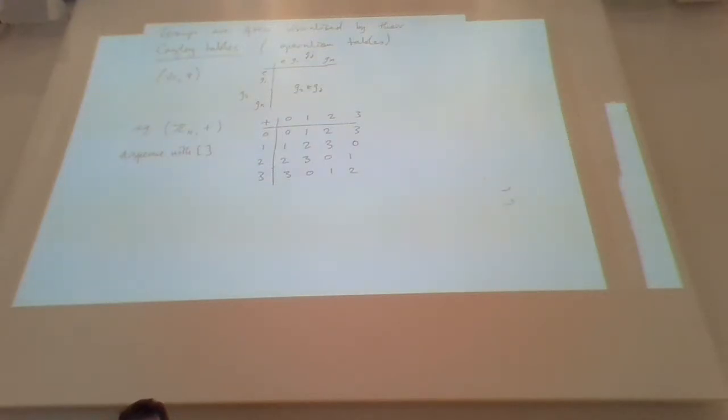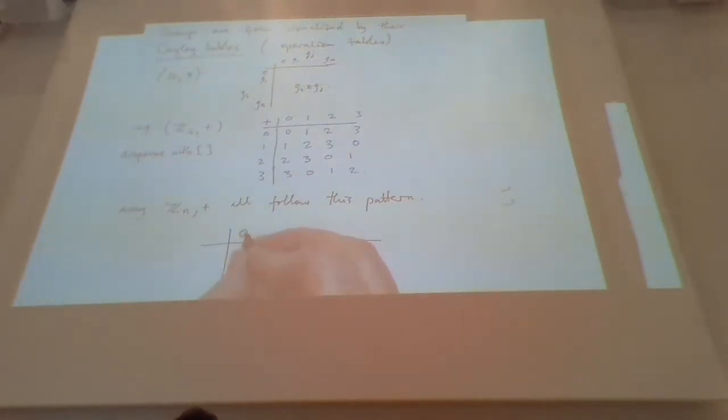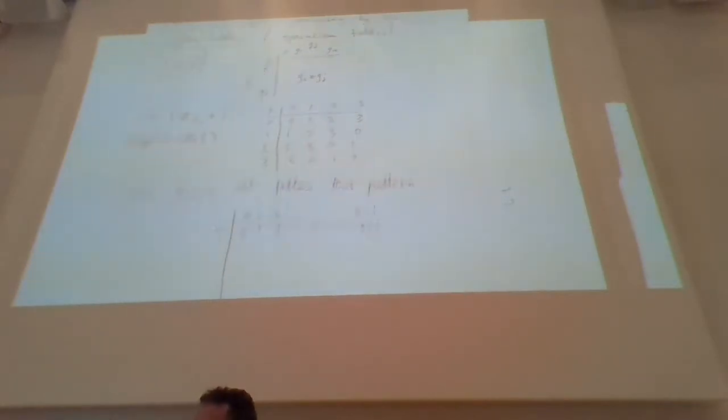It didn't take me long to write down that Cayley table, and the Cayley tables for Zn under addition all follow this pattern. There's no great mystery to what the Cayley table of addition on the integers modulo n is. The top row, of course, because you're adding 0 to everything, leaves everything unchanged.